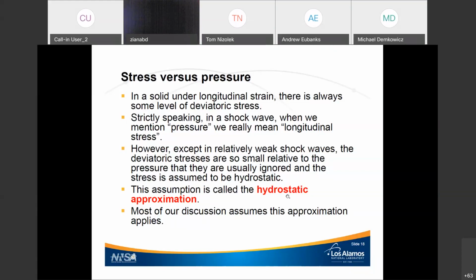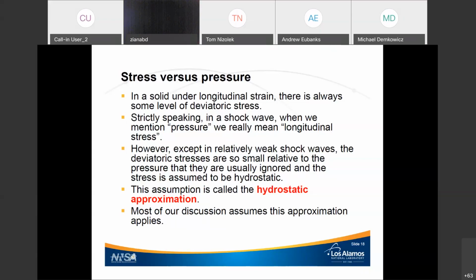The other thing that I should point out here is why this is the case. We're talking about significant uniaxial strains, and the shear stresses that would result from those uniaxial strains are significantly greater than what the material can actually withstand.